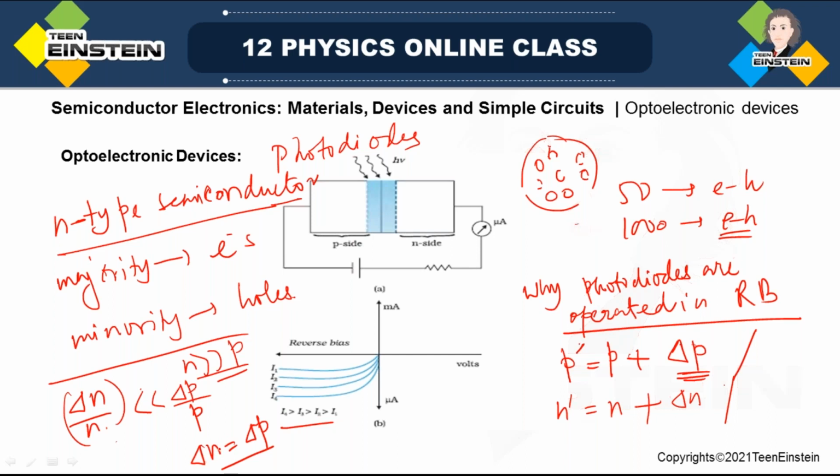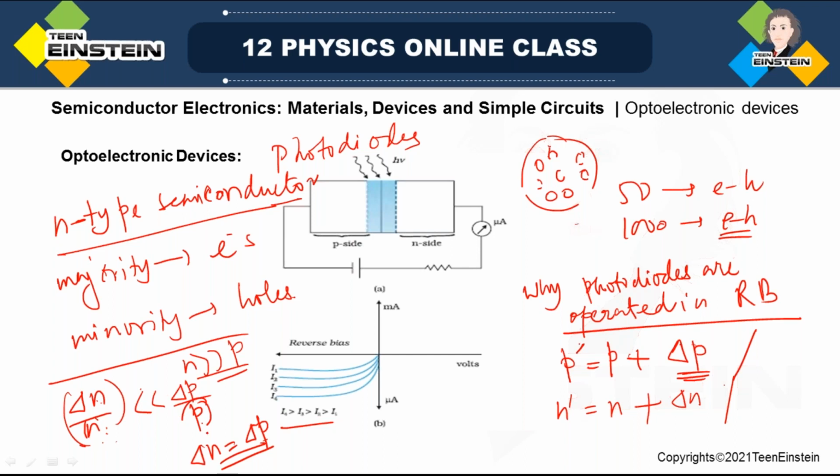Therefore the change in concentration of electrons and change in concentration of holes will be the same, but the ratio now depends on the individual numbers, n, the concentration of electrons, and p, the concentration of holes. So delta n by n is much less than delta p by p, because p is a very small quantity compared to n.